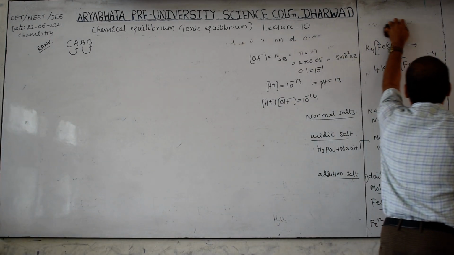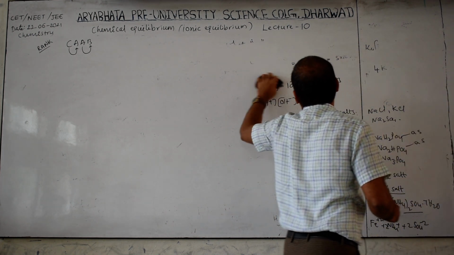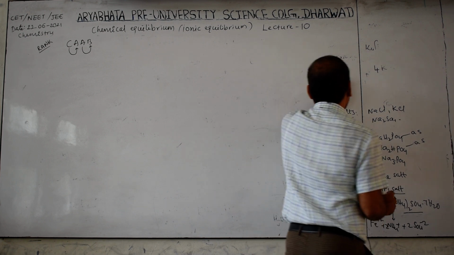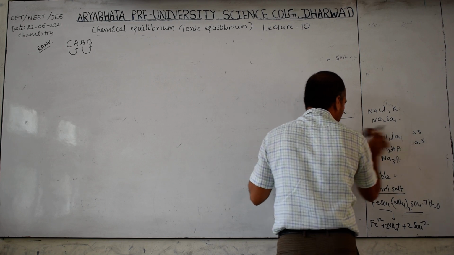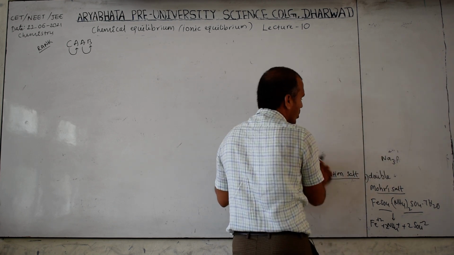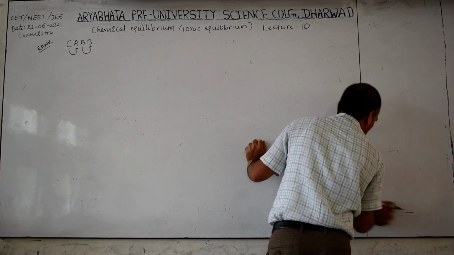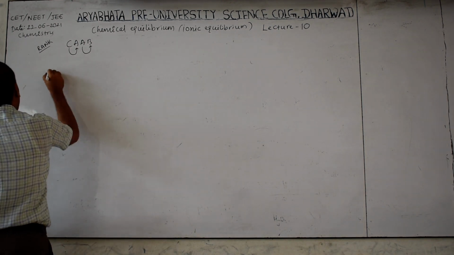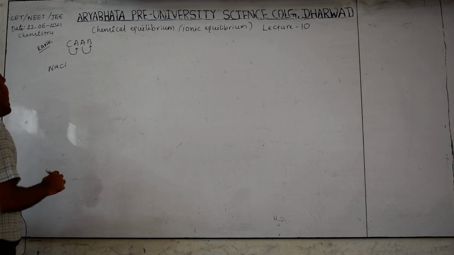If any salt is given, what is the pH: less than 7, greater than 7 or equal to 7? One more shortcut: I already told you which are the strong acids and strong bases. Strong acid ions and strong base ions do not hydrolyze. For example, NaCl.